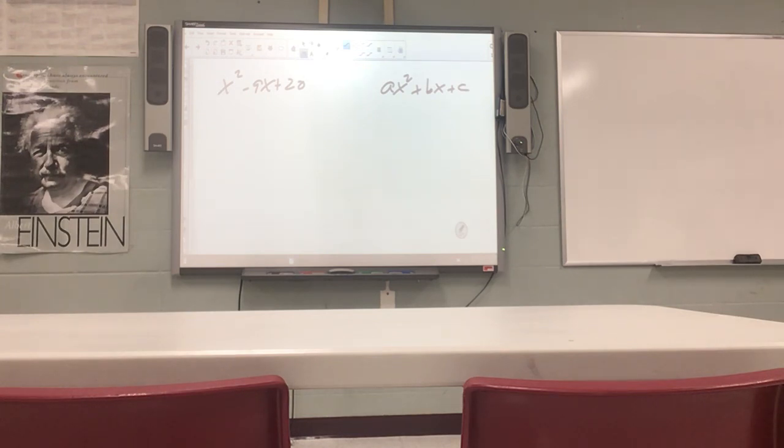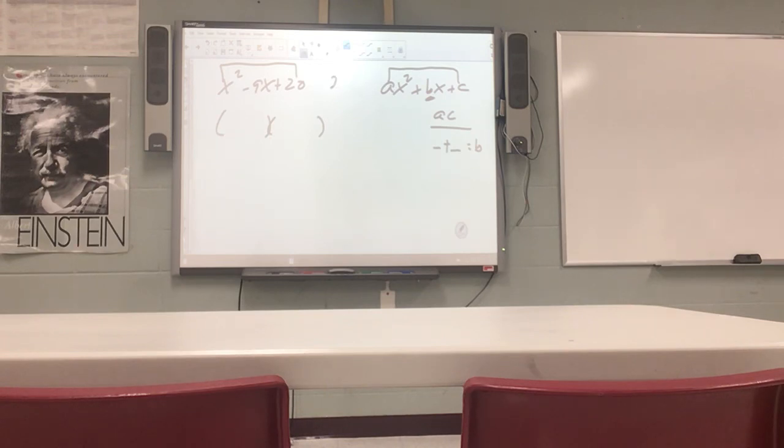So if I want to factor this, I want to break this down into what looks like intercept form. I'm going to have 2 parentheses, right? So to start the factoring off, you're going to take your A times C, and you need the factors of that add up to your B. So something plus something adds to the B. Okay, so in our case, we got a 1 times a 20.